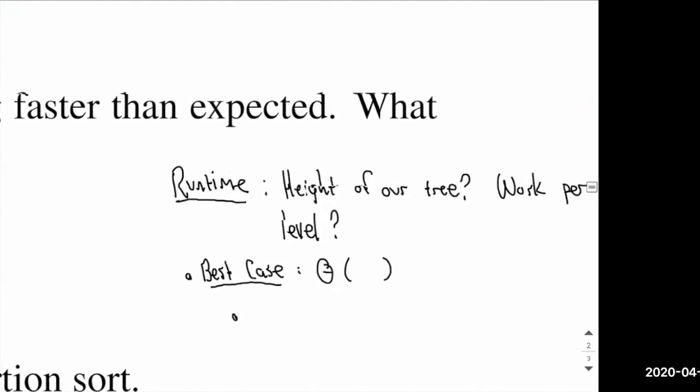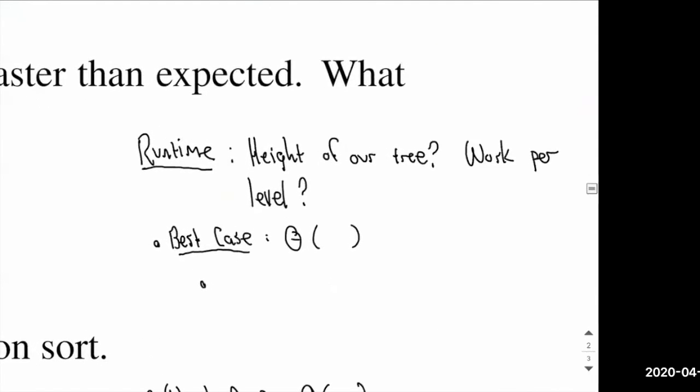Now a bit of runtime analysis. Again, like merge sort, what's the height of our tree and what's the work per level? In the best case, our tree is balanced. That is, the pivot is such that there's a relatively equal amount of elements here. So let's say there were 8 elements here. There's going to be about 4 elements here and 3 elements here. And then we continue on so that our trees are relatively bushy.